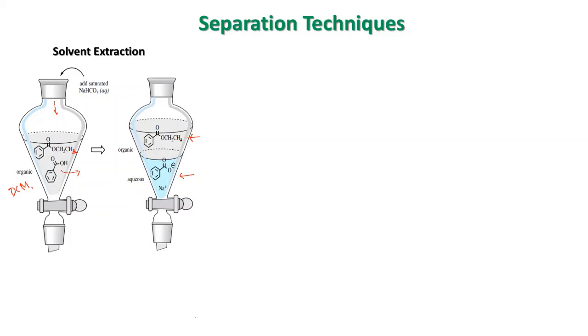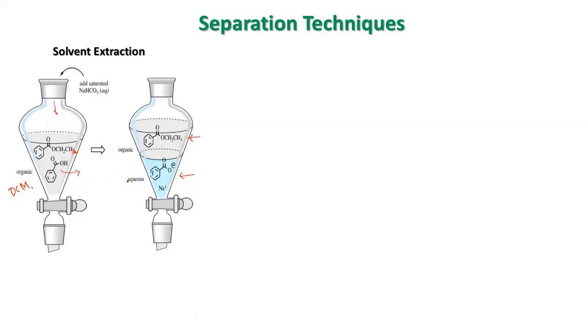In this case, it has been shown that the organic layer is at the top. That means the solvent may be ethyl acetate or ether, solvents that are lighter than water, so it will be at the top.